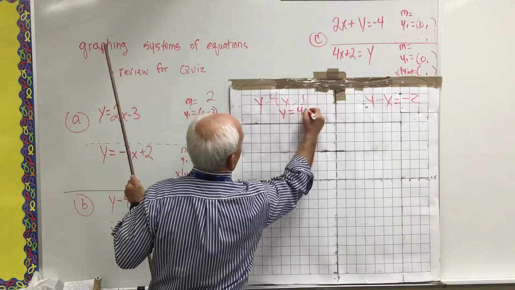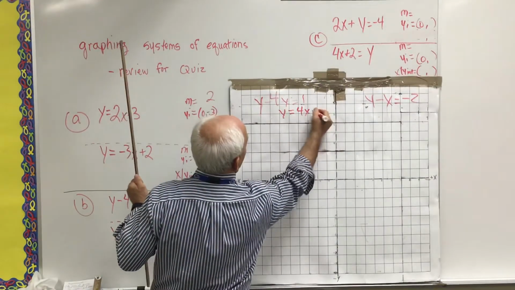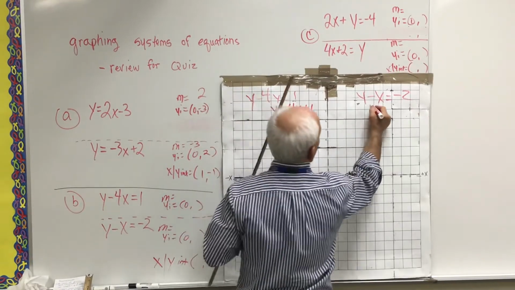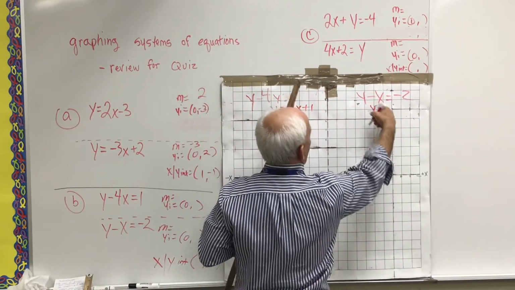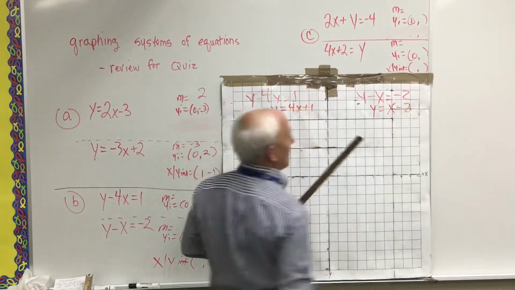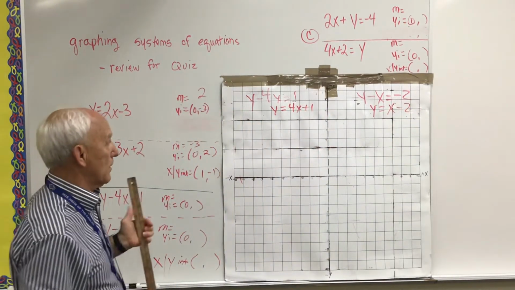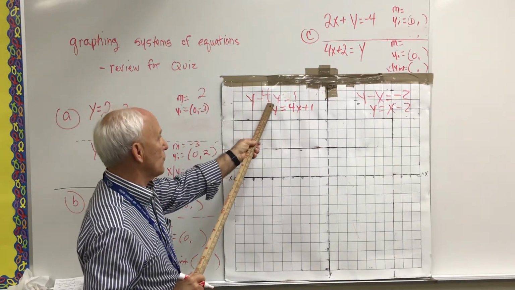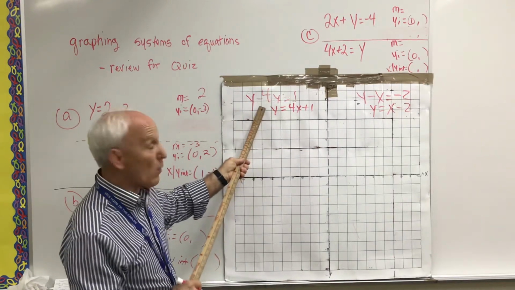We're going to add the 4x, the minus 4x, to the other side. We're going to do the same here. Instead of subtracting x, we want to add it to the other side. That's pretty simple transferring, isn't it? So that's a pretty easy one, even though it started with y minus 4x. We have to get the y by itself.